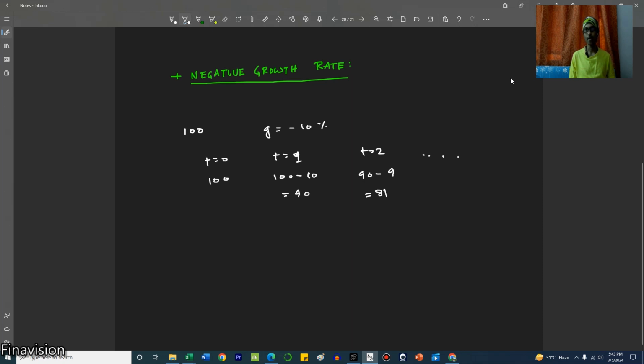So here the formula will be V0 is equal to 100 into 1 plus minus 0.10, divided by, let's say the required rate is 15%, so 0.15 minus minus 0.10.